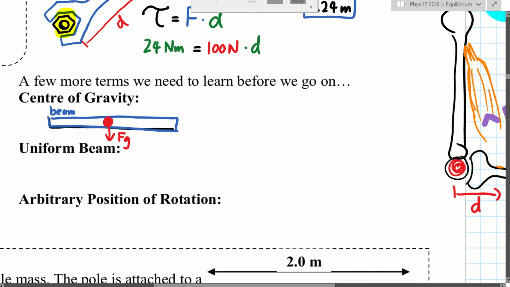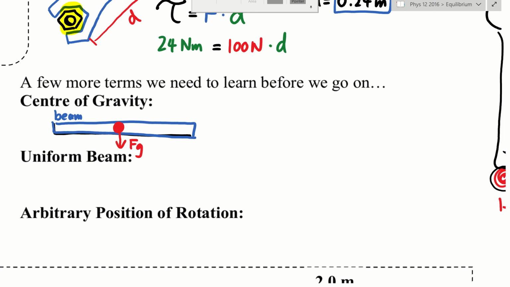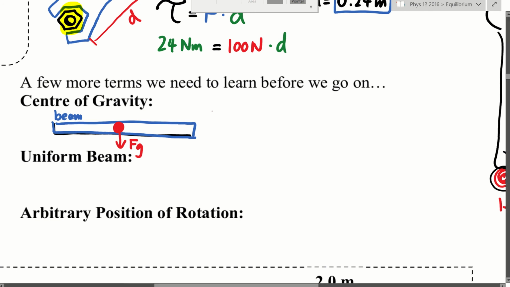We'll assume that all the force of the object's weight is concentrated at the middle. So that's what we call center of gravity. Basically that's just where the center of mass is, where the average mass is. And that's also where we draw Fg. So we usually just say Fg.